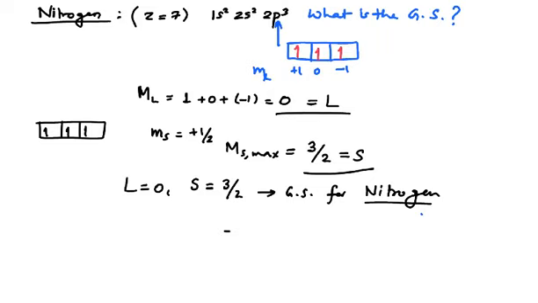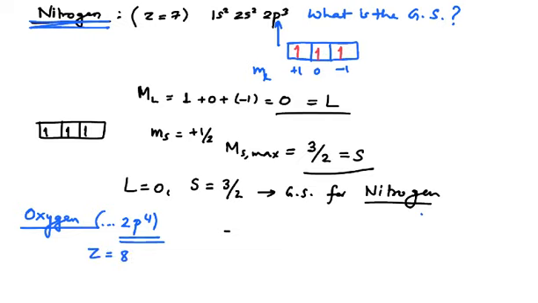Now I want you to look at similar cases for oxygen and so on. I want you to do the problem for oxygen, which is 2p4, so there are a total of 4 electrons, and find the ground state for the oxygen atom with Z equals 8. I will finish this in the class, so please go through all these examples. I'll show you the case of oxygen in the class.